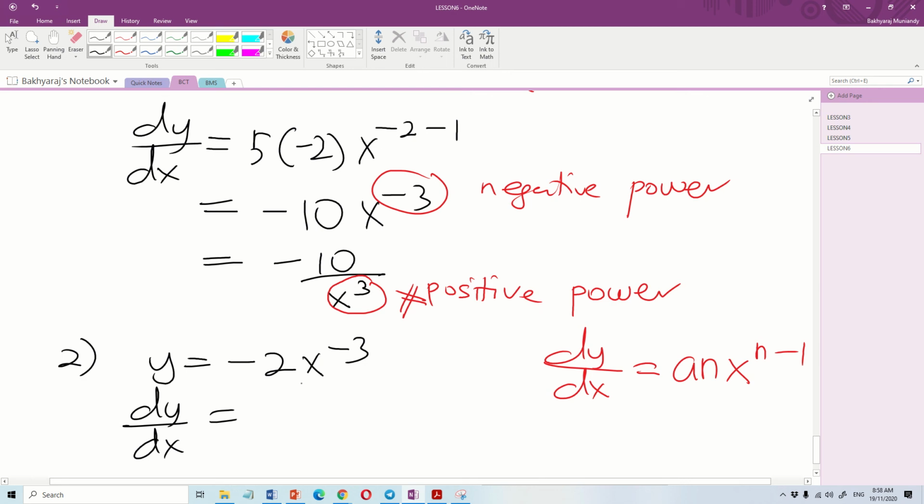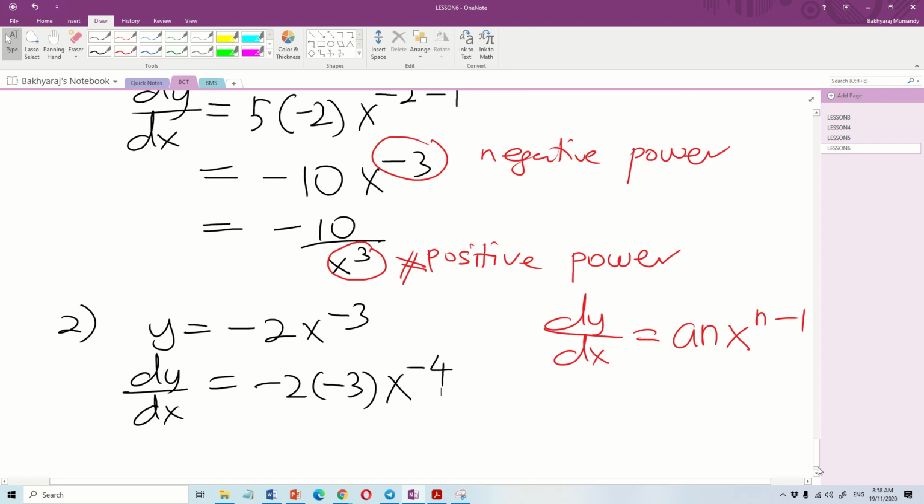Yes, betul, 6 x power of negative 4. So do negative 2 times negative 3, then x power of negative 4, sebab negative 3 tolak 1 jadi negative 4. Negative 2 times negative 3 jadi 6 positive.